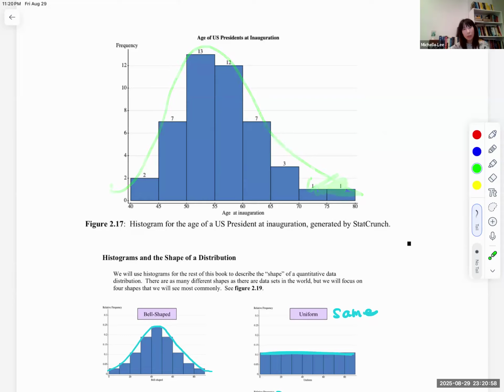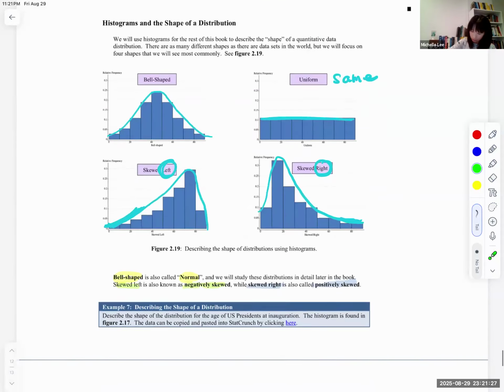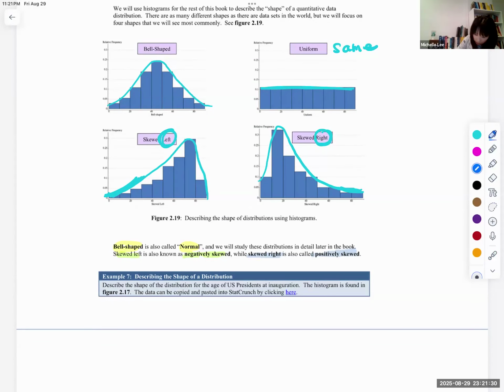Skewed right? If we have only this part, then this is a bell shape, right? But we have a little bit longer tail in here, to the right. So we can say that it is slightly skewed right. Let me write down: slightly skewed right distribution.